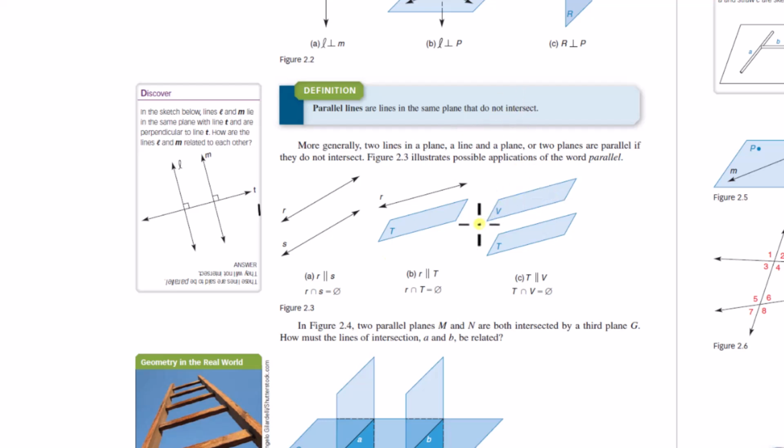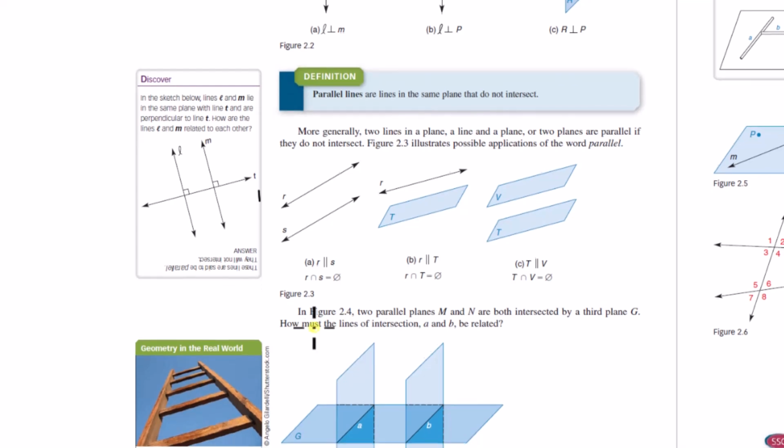And similarly, two planes can be parallel, meaning they never intersect, but there's no skewness with two planes. Either they intersect, or they don't intersect and they're parallel. What I'm trying to say is that with a line and a plane, or two planes, there's no idea that if they don't intersect, maybe it's not considered parallel. No, not with lines and planes.